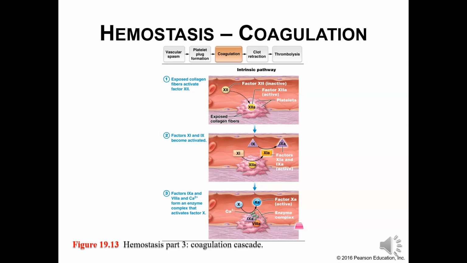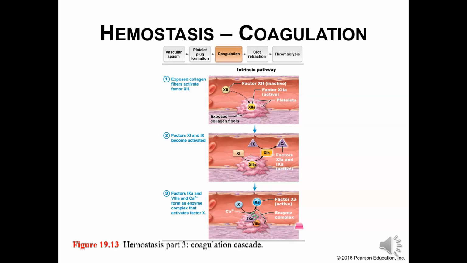So first, in your intrinsic pathway, your exposed collagen fibers will activate factor 12 to 12A. There's your exposed collagen, there's your platelet plug, and there's your factor 12, which is inactive, then active once it's exposed to these collagen fibers.